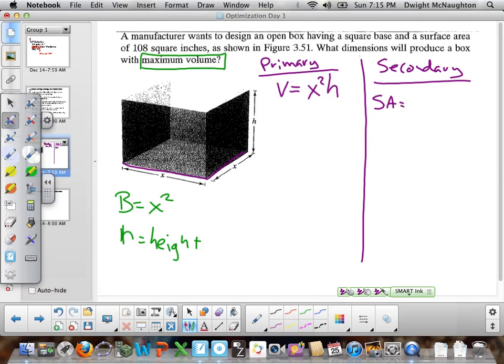Well, this is an open box, meaning there's no top, but I get the other 5 sides. The bottom is x squared, and then there's 4 sides that are all x times h. So my secondary equation is surface area equals x squared plus 4x times h, knowing the surface area is 108 square inches. So 108 equals x squared plus 4xh.